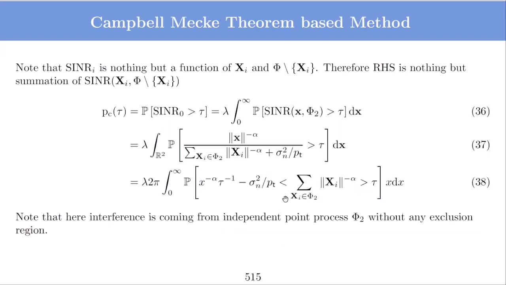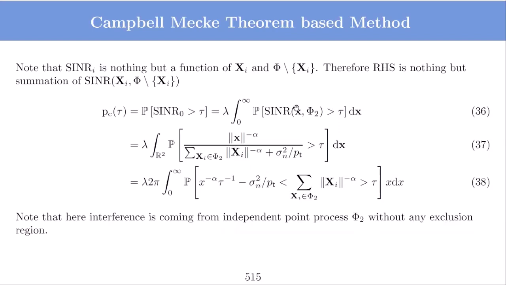But here the interference is without any exclusion region. In the previous cellular network case, I depended on the exclusion region. But here, remember that this I is coming from phi 2, which is independent. There is no conditioning.